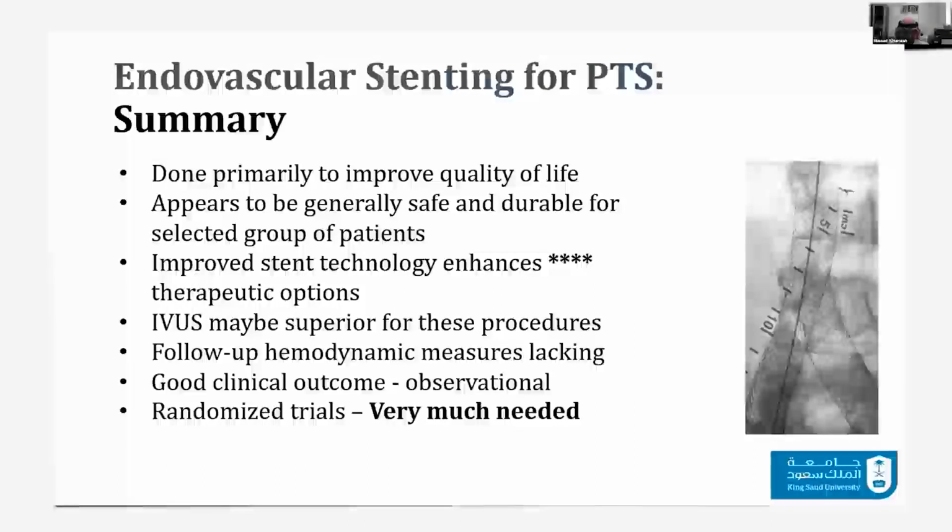Improved stent technology enhances therapeutic options, and I put a lot of asterisks there because as more stents come out, like the Venovo and Vici, we were very enthusiastic and excited to see their results when they came out. Yet they have been recalled very quickly, within less than 18 months. And so perhaps careful progression in this regard is advised.